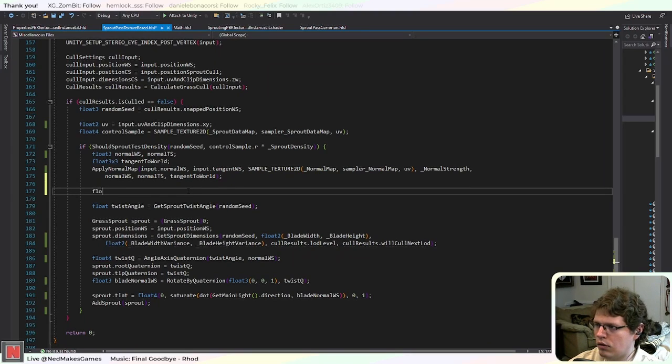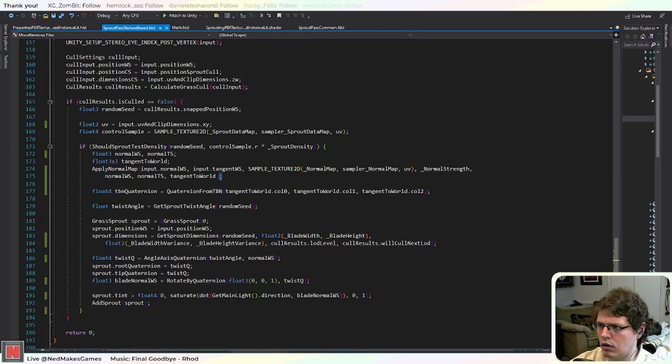So float 4. I think, yeah, I forget when you specify a matrix or by 3, I forget if everything goes in by row or by column.